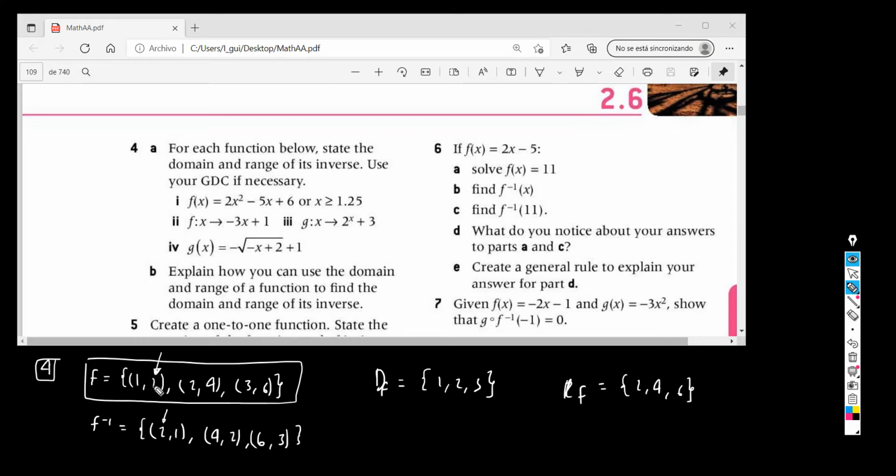Now give that output to f inverse as an input, and f inverse should do the reverse process, right? It should give you back the original input with which you started. Remember that that's what the inverse function does for you. It reverses the process.